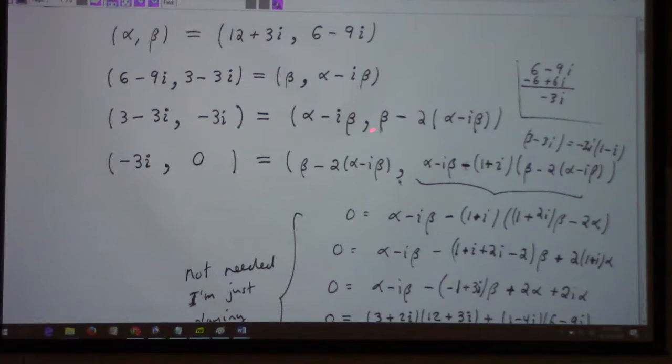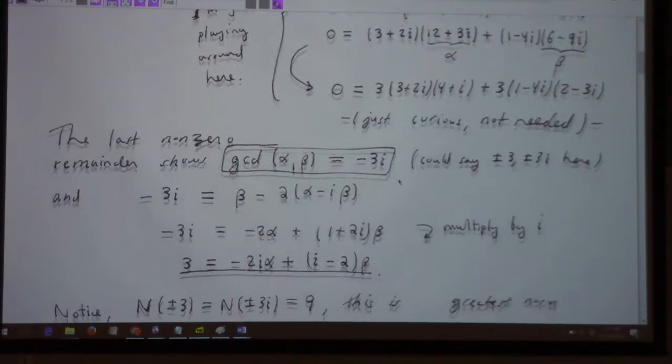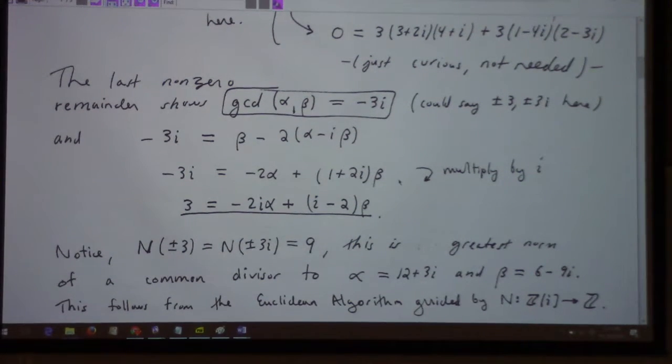I mean, every one of these slots has information about how to obtain these numbers in terms of combinations of alpha and beta. But the most interesting one is this one, because minus 3i is equal to beta minus 2 times alpha minus i beta, which, yeah, you can ignore that. And of course, you could say that the GCD is minus 3i.